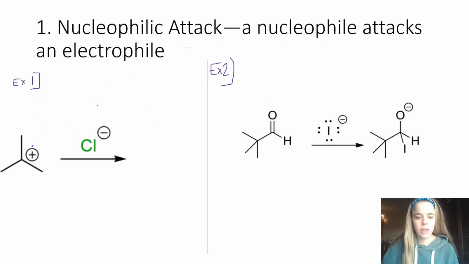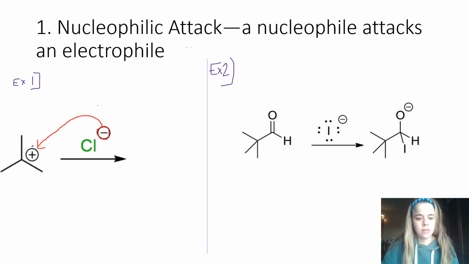Alright, so the first way we can show electron movement is through a nucleophilic attack, in which a nucleophile attacks an electrophile. And the best way I can show this is through examples. So this first example here, we have a negatively charged chlorine. It's going to attack the positively charged carbocation here.